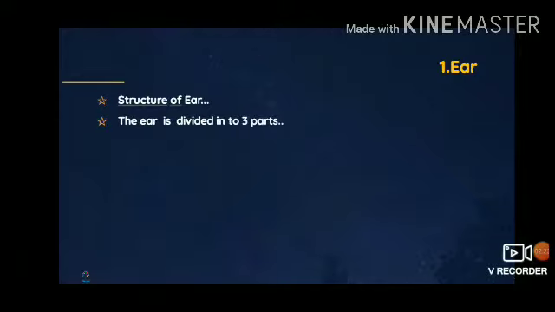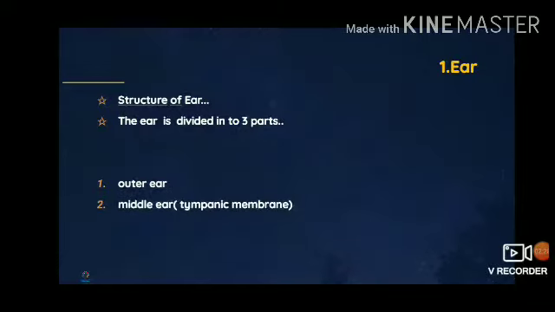Let's start today's topic, ear. The structure of the ear. The ear is divided into 3 parts. First one is outer ear, second one is middle ear, this is also known as the tympanic membrane, third one is inner ear.